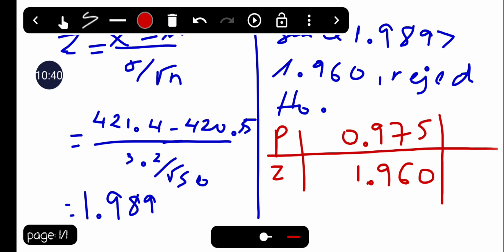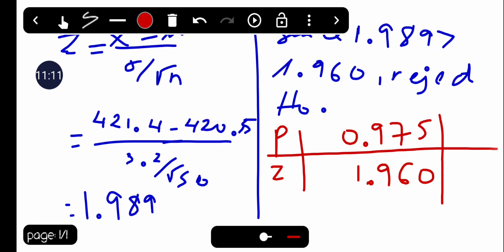Just to reiterate on how the critical value is obtained. You will go to your critical values for the normal distribution table. There is a p value, there is a z value. When it is a two-tail, like the case we have here, we have a 5% level of significance. At 5% level, two-tail, this is how we obtain the z value.